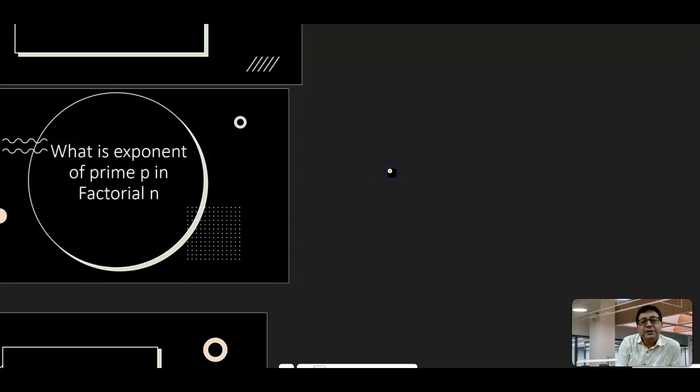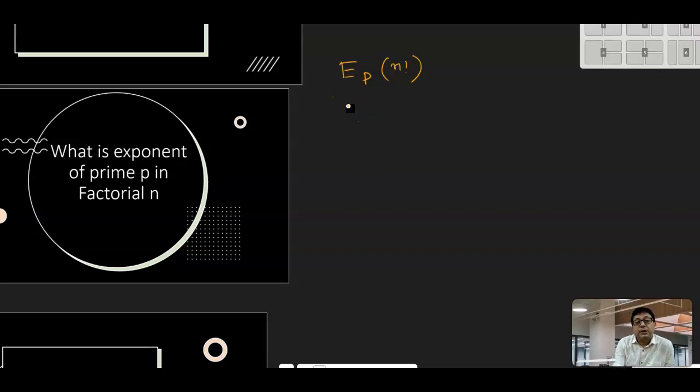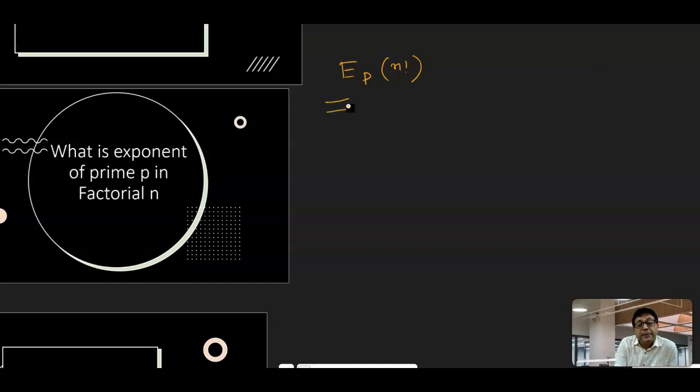We will use the symbol E_p of factorial n. I am not going to derive the formula, I am just going to tell you the application. Later on, when you have number theory concepts, I will give you a proof. Right now, know this one as a formula. The formula for the exponent of prime p in factorial n will be this.